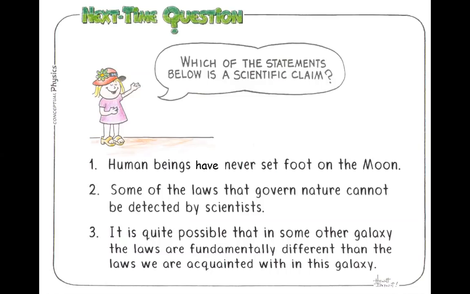Some other galaxy is a never-ending journey, because if I test the Andromeda galaxy and I find that the laws are fundamentally the same, you could say, well, it's in a different galaxy. Try that one. And if I test it and I still disprove it, you can go, oh, it's some other galaxy. Try the one over there. It's one of these never-ending journeys. So for that reason alone, I don't like number 3. It's not scientific because it has no cutoff. I can't objectively disprove the statement because you could always argue, just wait one more time, make one more measurement, and then we're done.